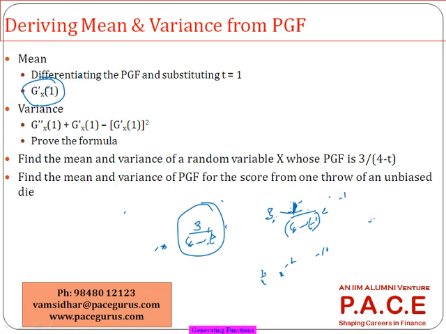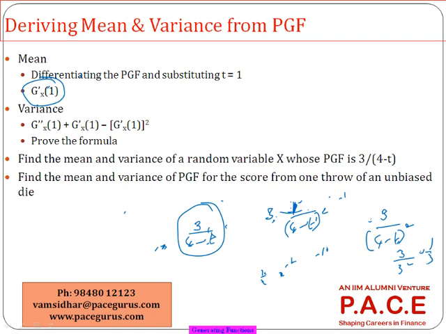So typically it is becoming 3 by 4 minus t whole square. This is the derivative, and after that substitute 1 in it. Substituting 1 for t, it is 3 by 4 minus 1, 3 squared. 3 by 3 squared comes out to 1 by 3. So the mean of this particular example is 1 by 3.